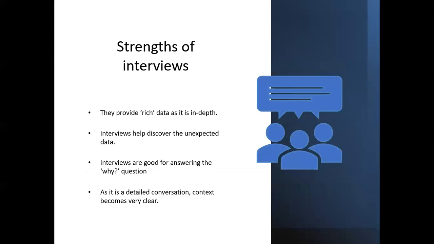It is quite helpful because it provides us rich data. Interviews also help to discover unexpected data, answers to statements that we haven't expected before interviewing.